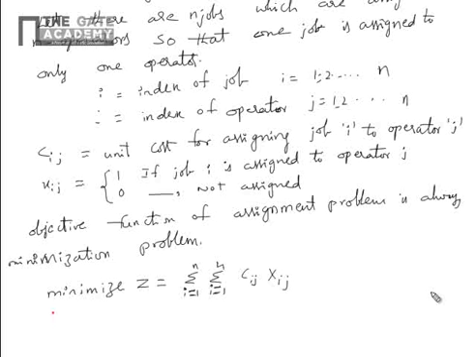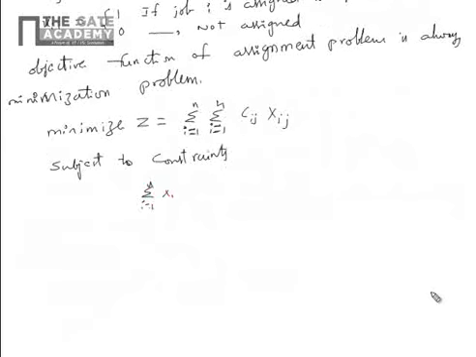Since only one job is assigned to one operator, we have to give the constraints. Subject to constraints: sigma i equal to 1 to n Xij equal to 1 for all j equal to 1 to n.